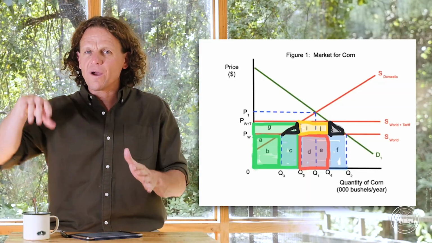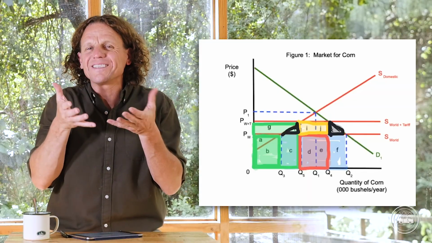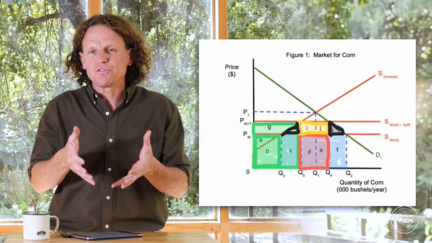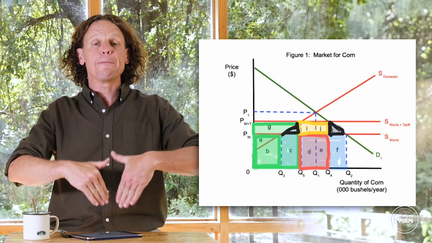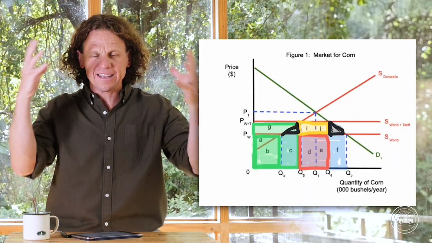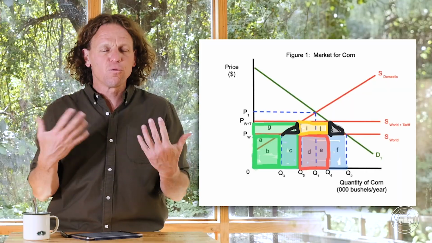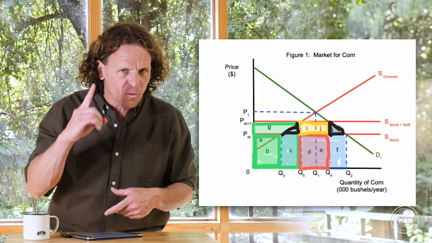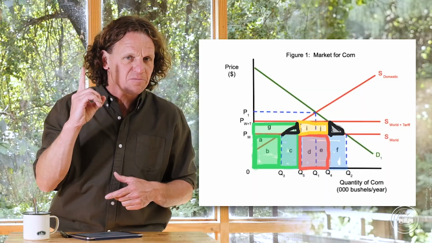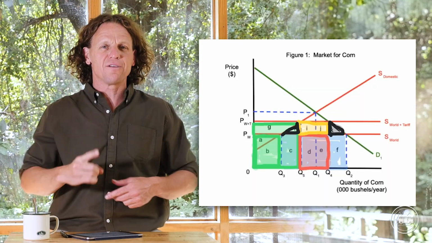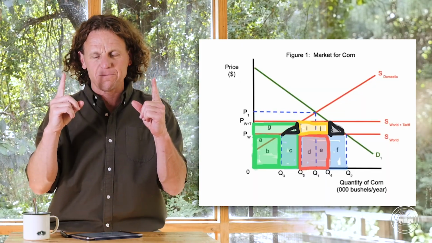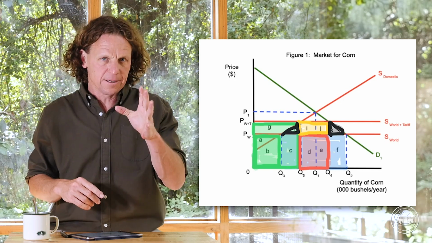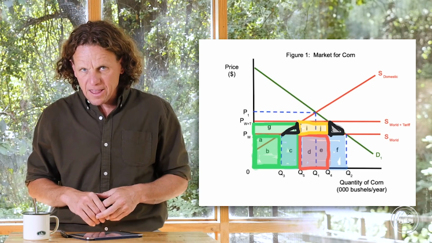So in your evaluation, what type of protective measure do you think would actually be better for society as a whole if we're really just looking at misallocation of resources? Well, I don't know about you, but it seems like one black triangle that represents misallocation of resources is better than two black triangles that represent misallocation of resources. And you're right, okay? You got all that?